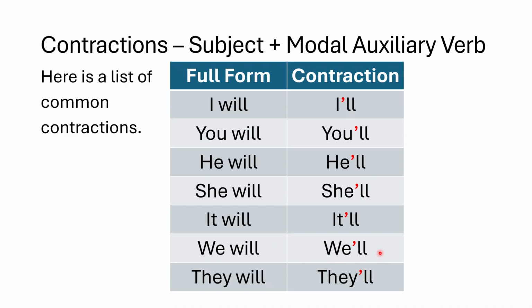We'll. They will. They'll. Notice the apostrophe replaces the missing letters W and I.